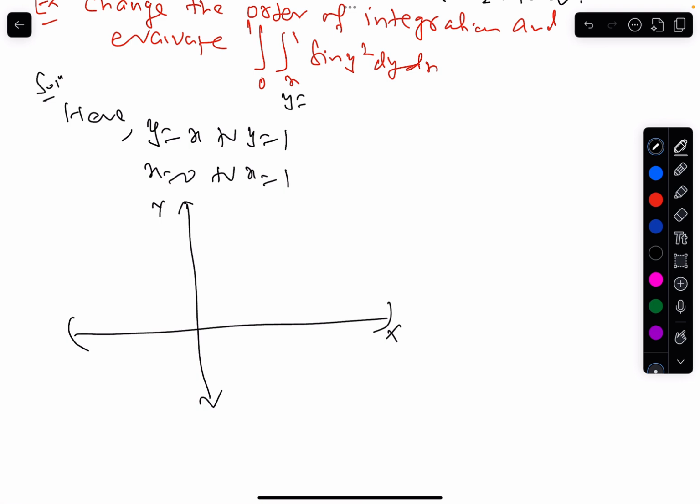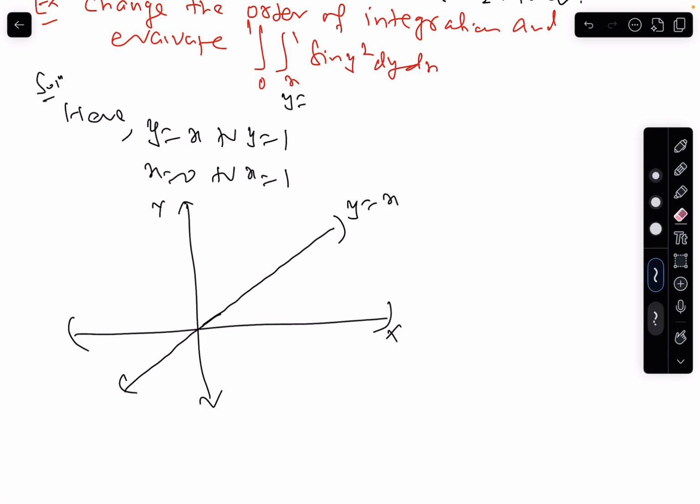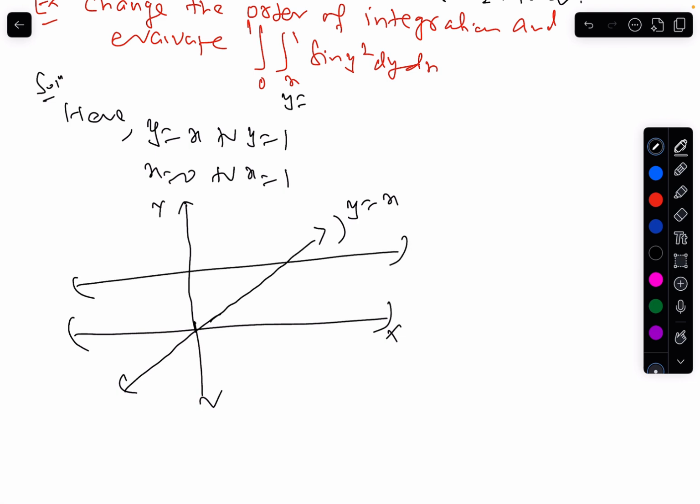So here y is x. So y is x, y is 1. So somewhere y is 1, x is 0, and x is 1.